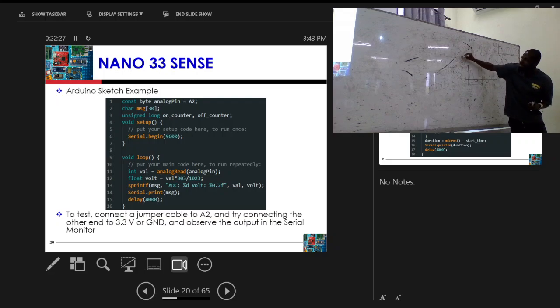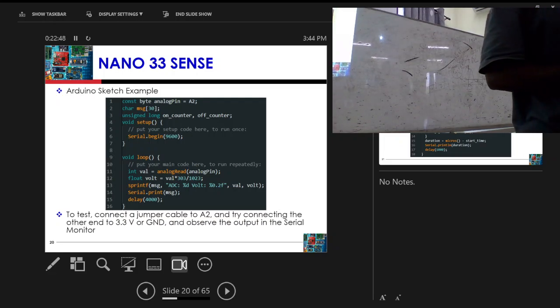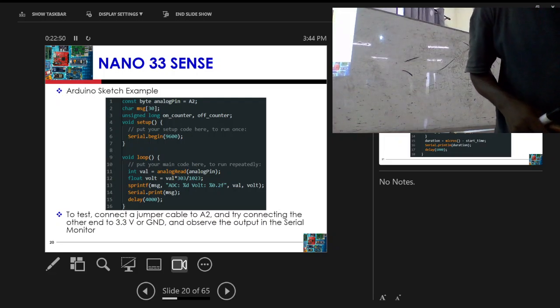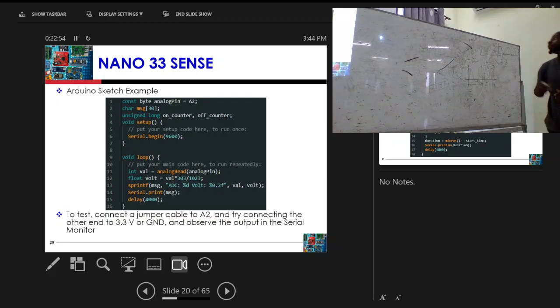Then we take this value, divide it by 1024, and multiply it by 3.3, and then we get the voltage equivalent of it. Easy. Ah, sorry, 1023.